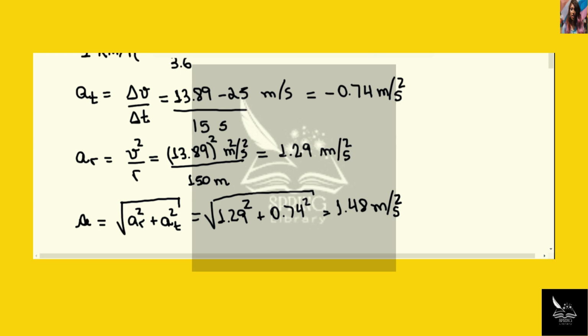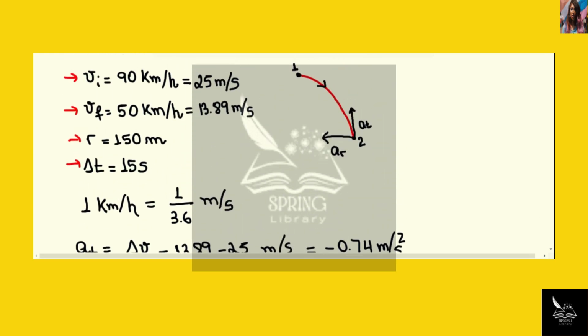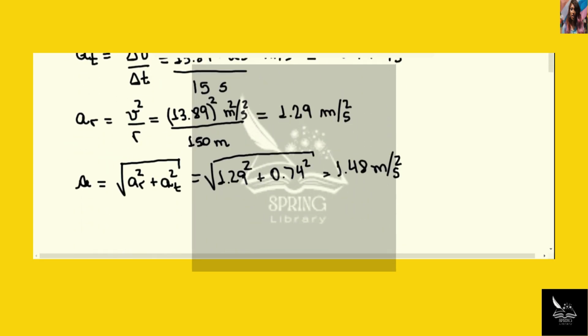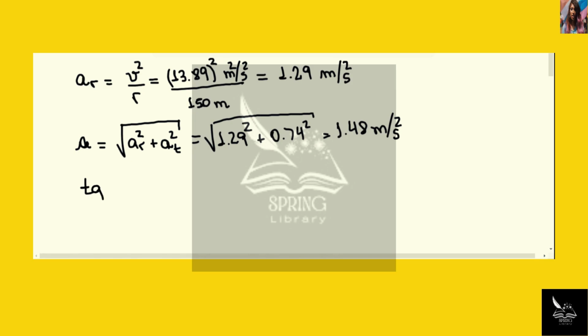In order to completely determine the vector, we also need to determine its direction. Suppose that this is the acceleration vector. I'm going to calculate the angle it makes with the radial acceleration. Notice that in this case, the tangent of theta is the tangential acceleration divided by the radial acceleration, so tangent of theta is AT divided by AR.